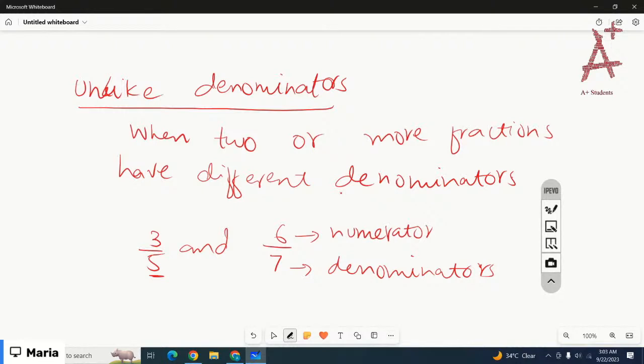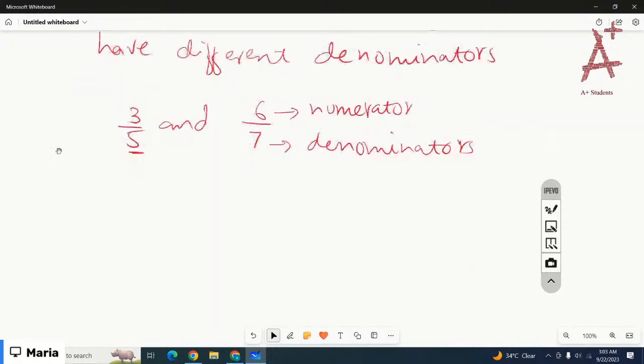So when you're adding or subtracting, for both addition and subtraction, you cannot add or subtract fractions until you have like denominators. For example, you have to add 3 by 5 and 1 by 2, but you cannot add them until they have like denominators.